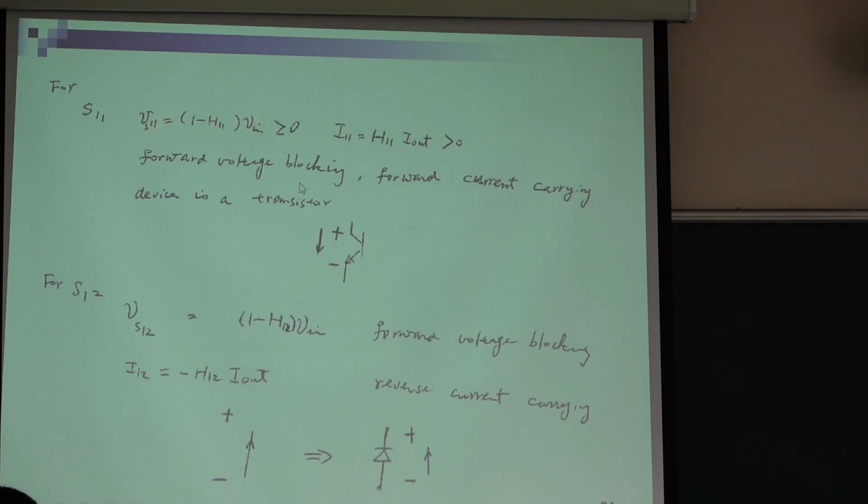So two choices, either V in or 0. So we can say the voltage across the switch S11 is always positive, never negative. Because if this is 1, it is 0. If this is 0, become positive. So the voltage across the switch either positive or 0.